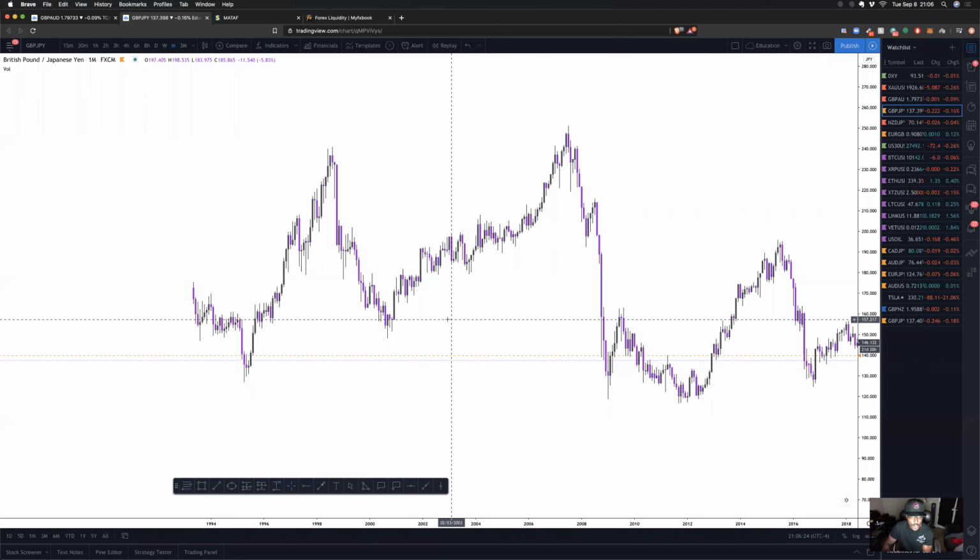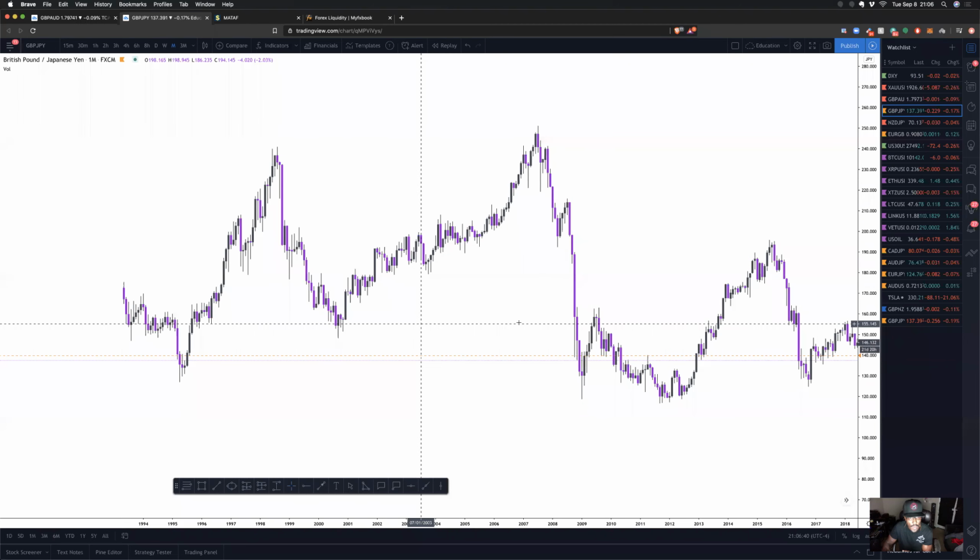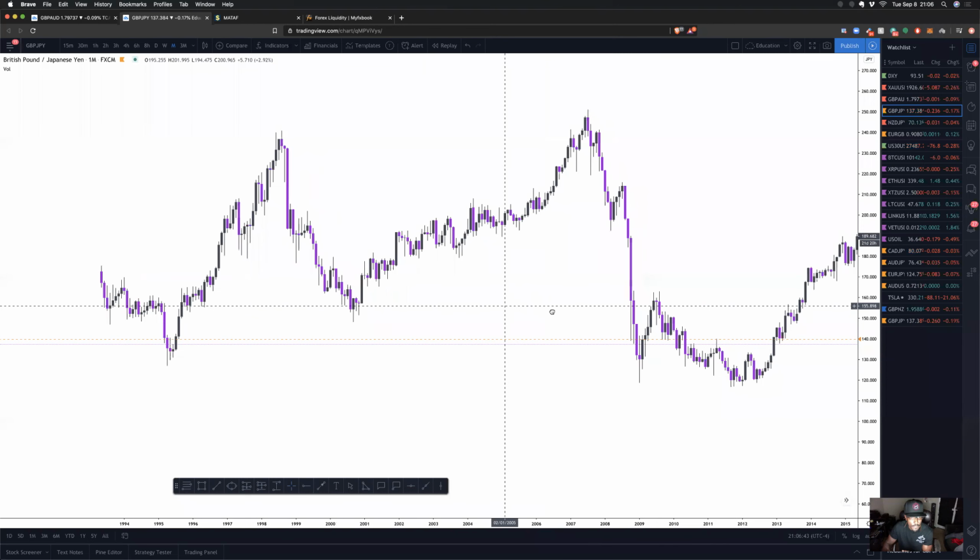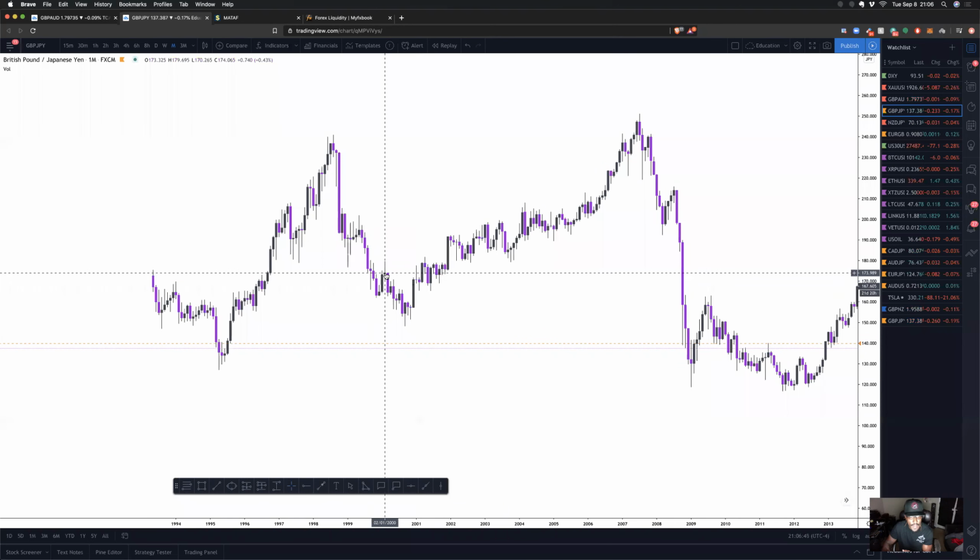Okay, so you can see here the market was downtrending. When you say downtrend, you mean a bearish market going down, obviously. So it was making lower highs, lower lows. Now, when you say a lower high, you're referring to the pullback.